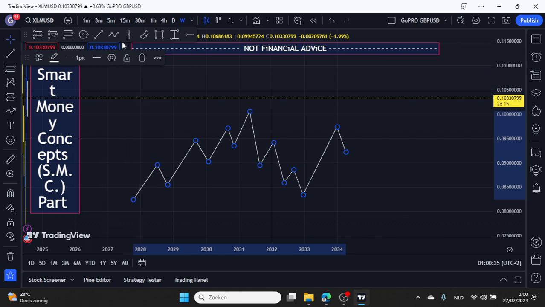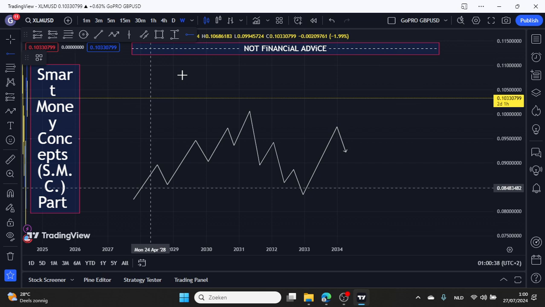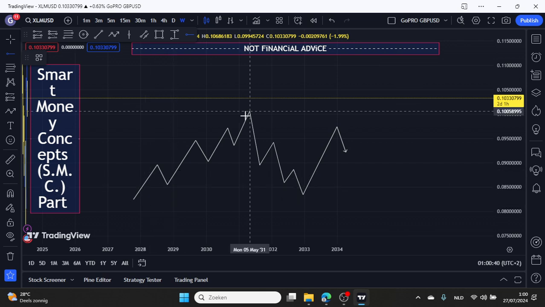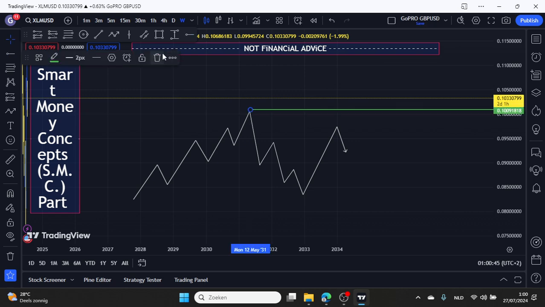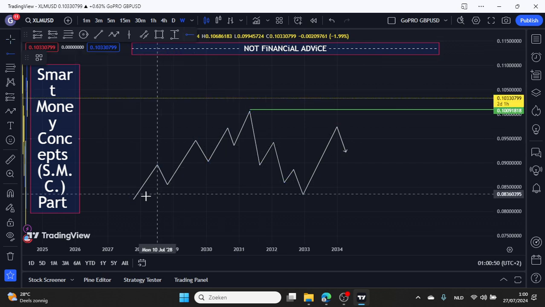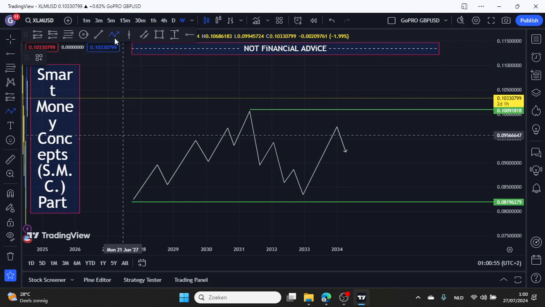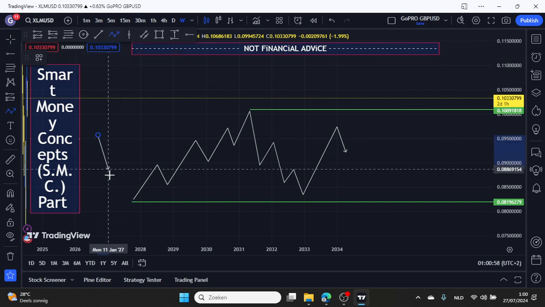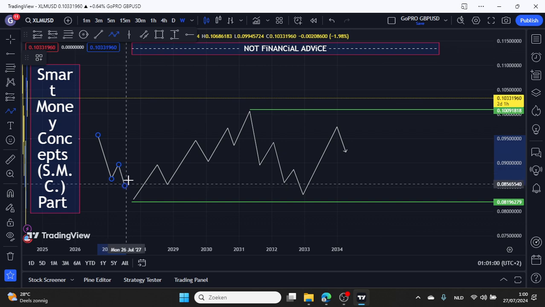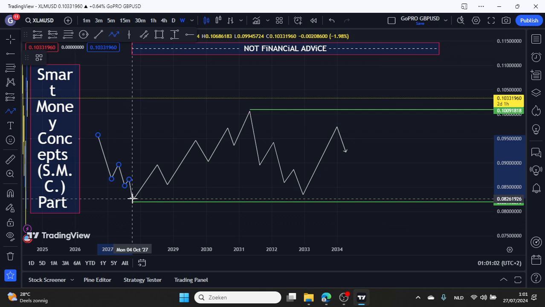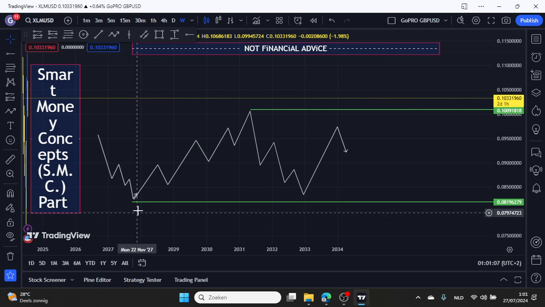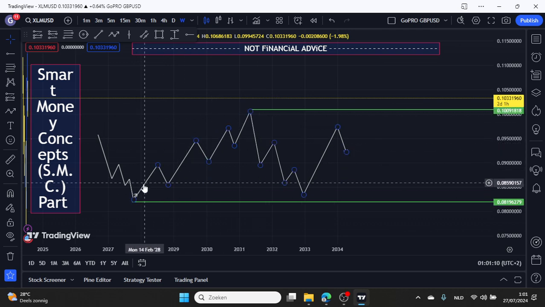Now, in this case, a range is this latest high that isn't broken, and this is the low that hasn't been broken. Probably price came down like this. Then we are trading inside of this range.